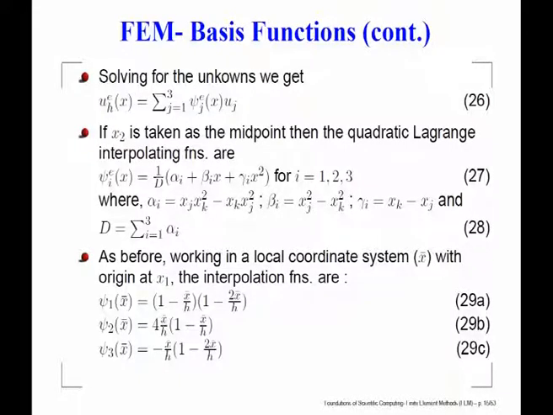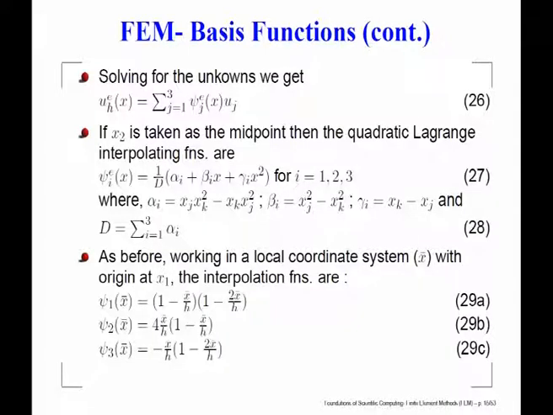That will be a combination of the nodal values times some space dependent functions, and that space dependent function would be a quadratic as we started off with. I will not go through this algebra, which I am sure you can do yourself by using Cramer's rule. You can find out those C1, C2, C3 and then put it back and order them neatly, and you would find that these are those functions.